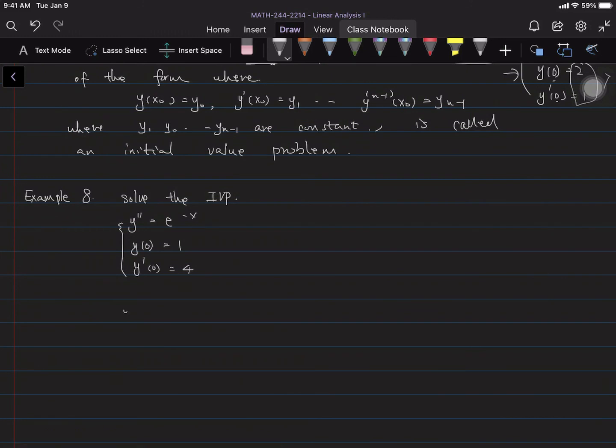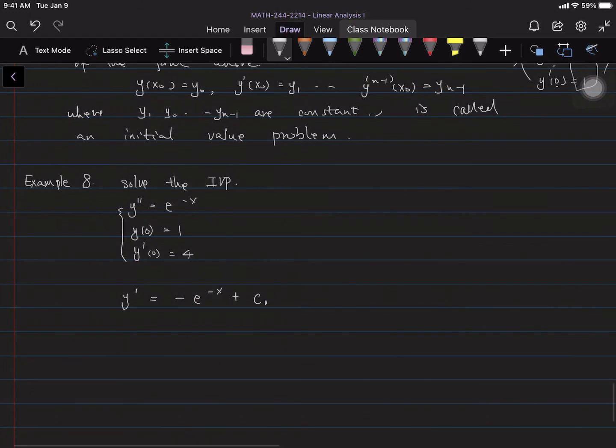So let's see, same as last example, we find the general solution. We do one integral: negative e to the negative x plus c1. Is that right? Okay, and because the initial conditions are given, we can use them to find c1.